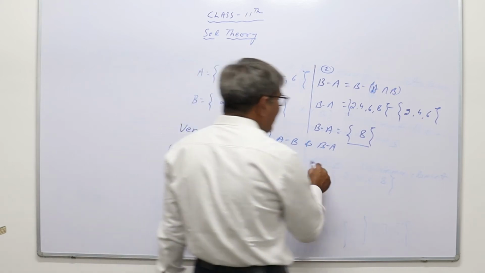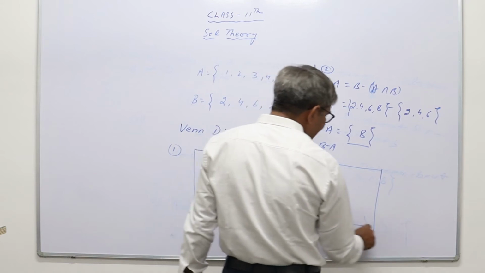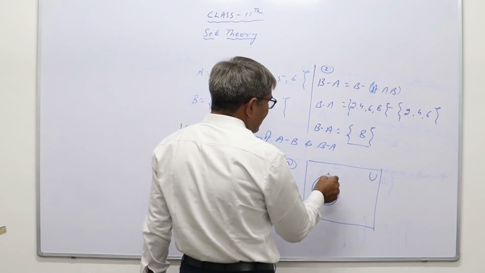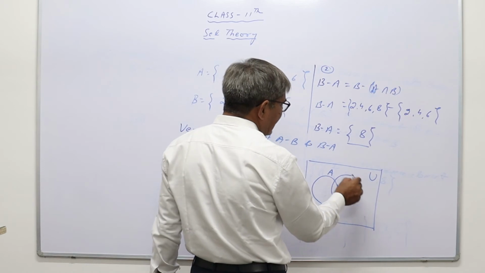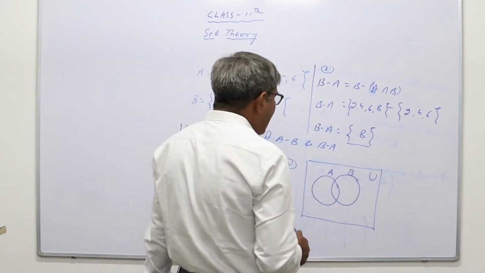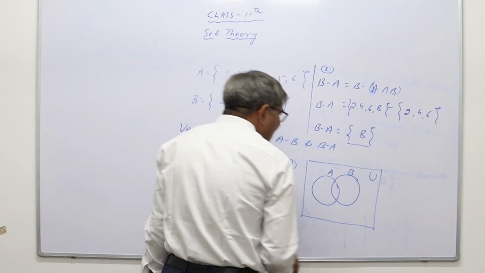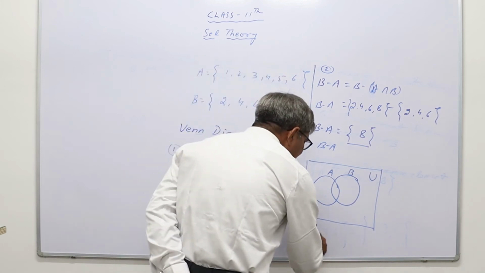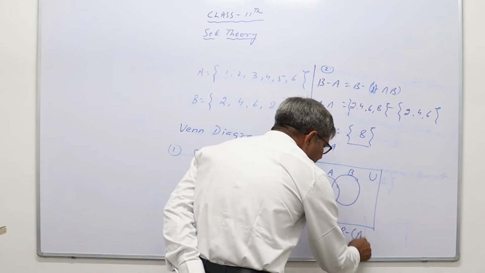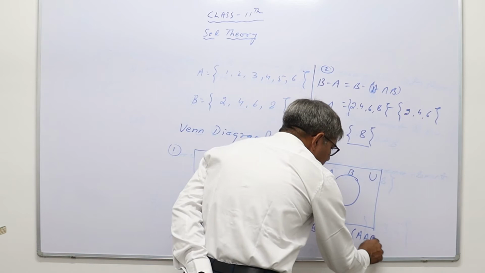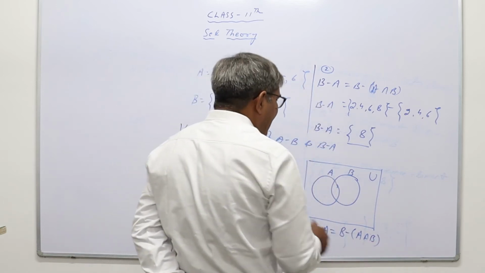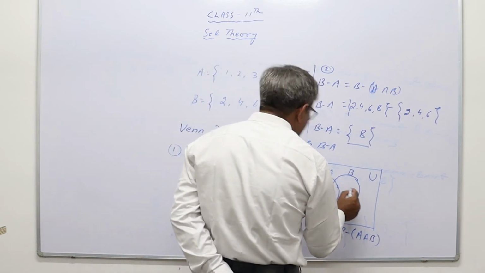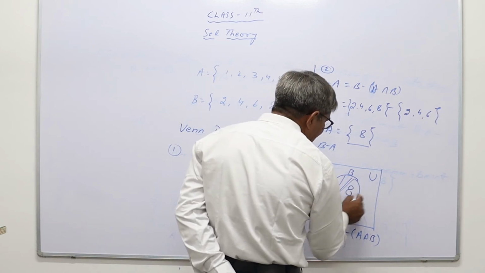In the second case, what is B minus A? To represent it by the Venn diagram, first we will represent the universal set by U, then draw a circle representing the set A, then one more circle intersecting the previous one, that is the set B. Now B minus A means elements of B subtracted from A intersection B. So B minus A is equal to B minus of A intersection B. So the elements of B that are not in A intersection B. So A intersection B we have to subtract. So the remaining element is only 8 and it will be represented by this part.